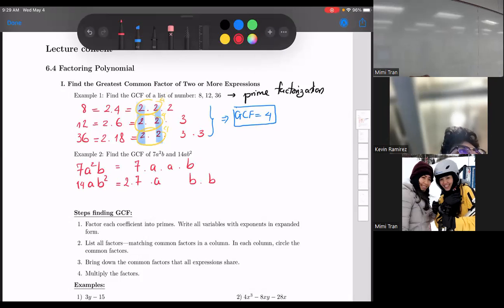Do you guys get the idea now when I write like that? Then you match up the columns. I don't have the first one, but I have the 7 and I have the a. That's all I have, and then you multiply them together. 7 times a is 7a.